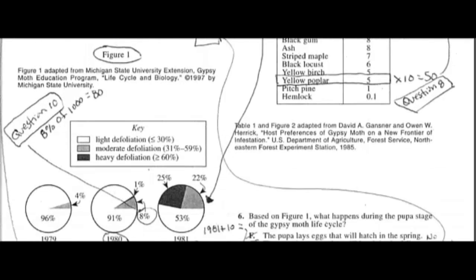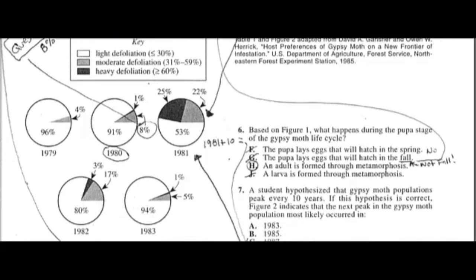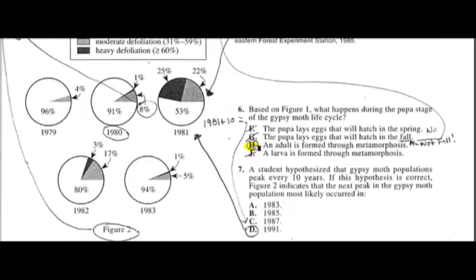Now, don't get me wrong. This answer choice is still correct, because a larva is indeed formed through metamorphosis. But that's not the big picture. The better of the two answer choices is H, because at the top of the scale is an adult, not a larva. Does that make sense?